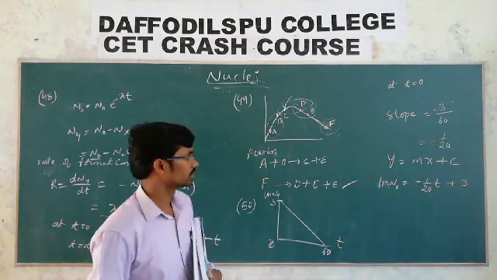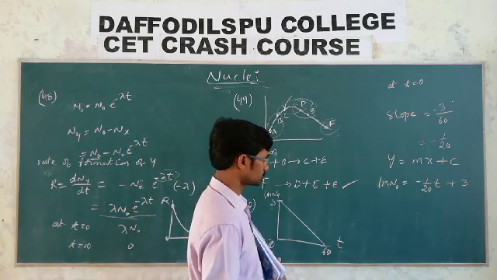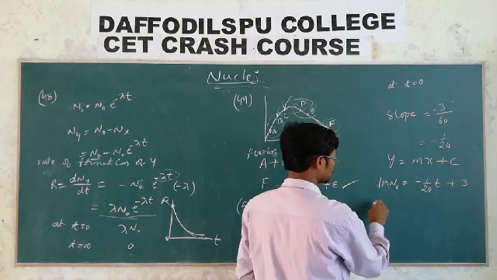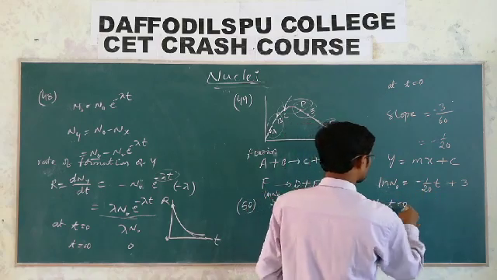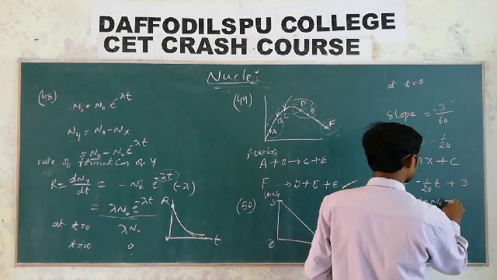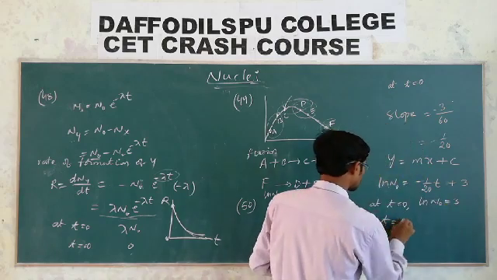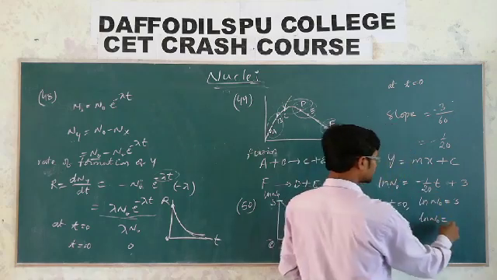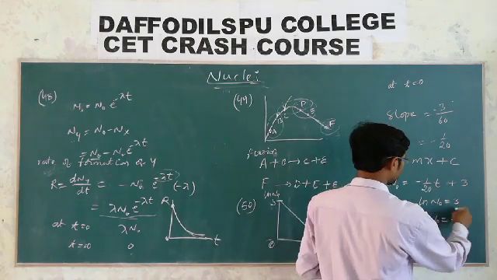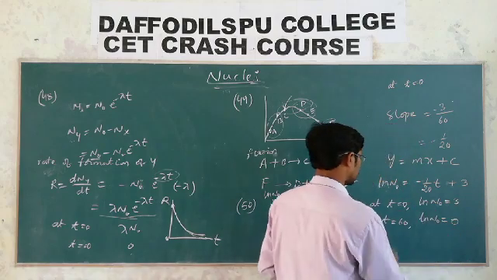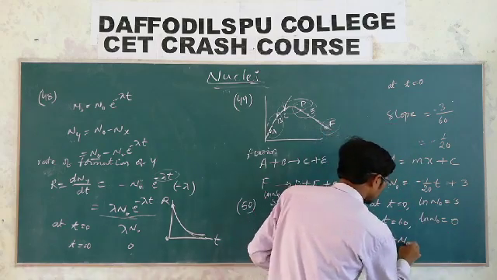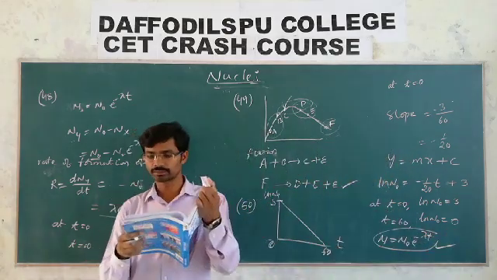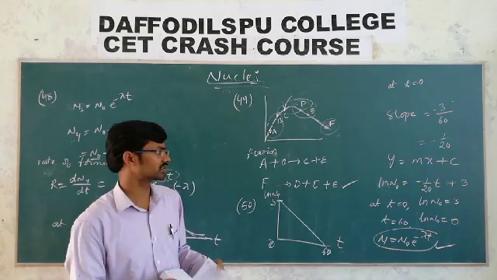Positive intercept. Now at t is equal to 0, Ln N naught is equal to 3. This is N is equal to N naught e to the power minus lambda t. This is like the fourth option, 20 into e to the power minus 0.25.